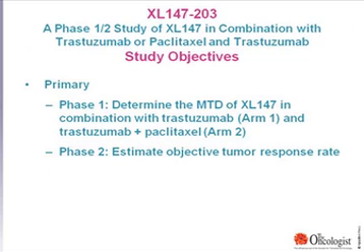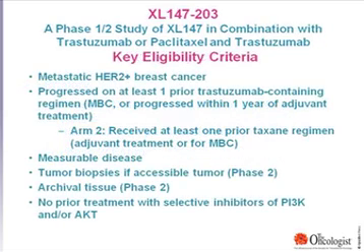The phase 1 and then the phase 2 will have 25 subjects in each arm. The primary endpoint is the MTD with trastuzumab and with the combination of chemotherapy, and the phase 2 is to look at the objective response rate. And these are patients that have failed a trastuzumab-containing regimen, and we are going to be requesting tumor biopsies in the phase 2 part if that's feasible.